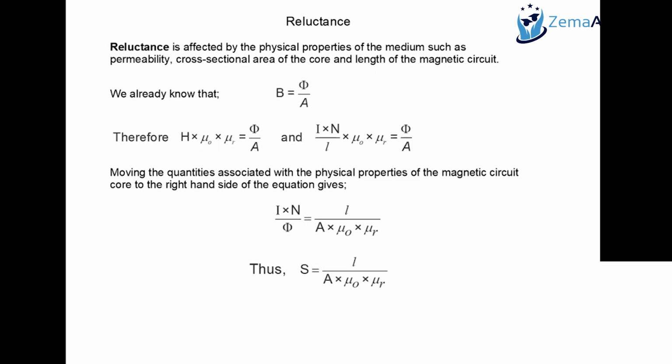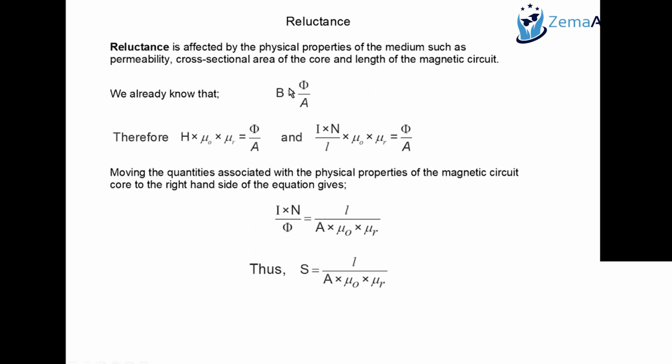So here we can substitute the equations for magnetic flux density, as you can see B is equal to phi over A, and the equation for mu, which is B over H. If we substitute that, then we can derive the formula for the reluctance.